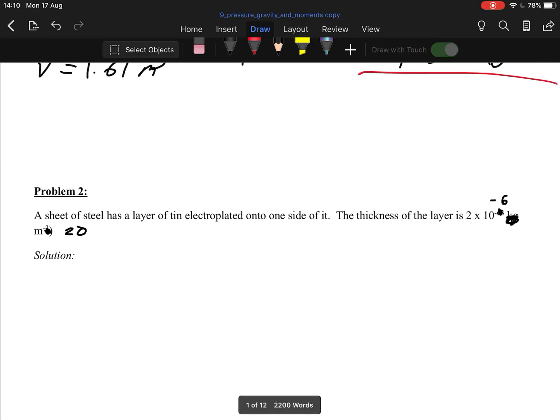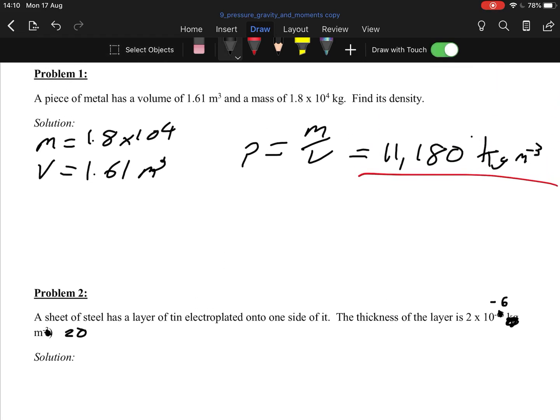Alright, so I'm going to have to move this down, because again, if I touch the screen with my hand while I write, the whole thing freezes. 20 grams of tin is used.